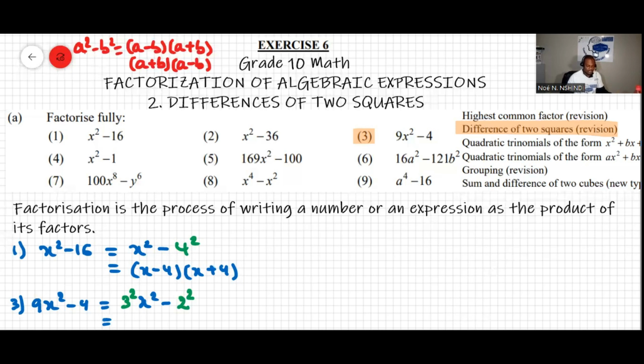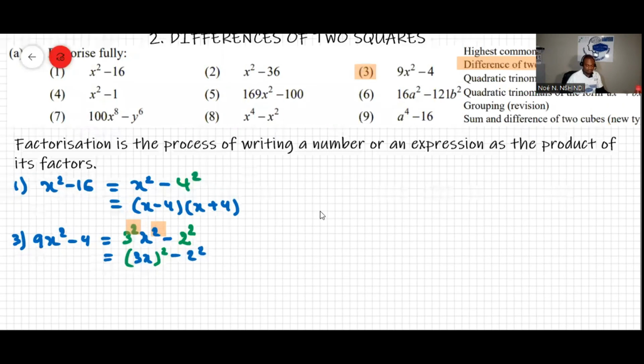Now, this 3 squared and then x squared can be written like this, all to the power of 2, because the exponents are common. We can write (3x) to the power of 2 minus 2 squared. Now over here, we have a difference of two squares.